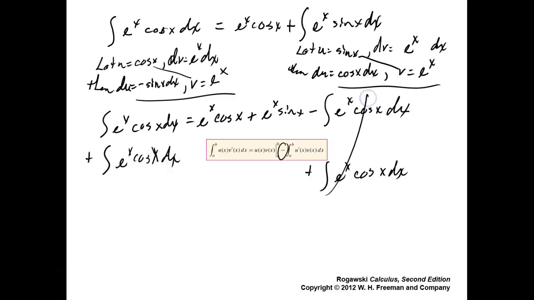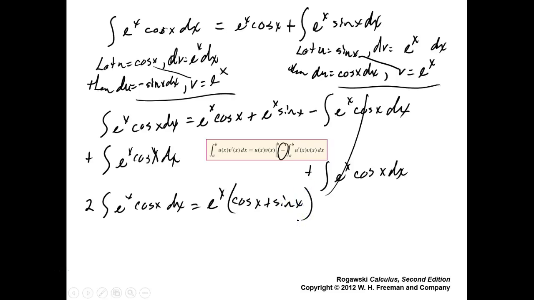Okay, these add to 0, so this gives you 2 times the integral of e to the x cosine x dx is equal to e to the x. I'm going to factor this if it's okay. Cosine x plus sine x. I'm just tired of writing so many e to the x. Okay, and then let's divide by 2.